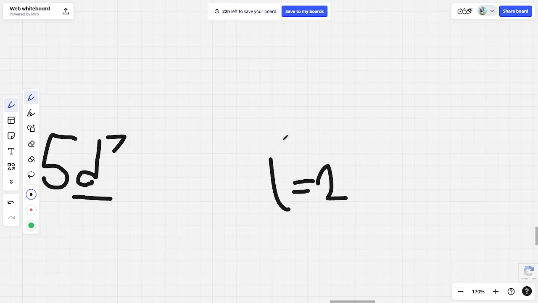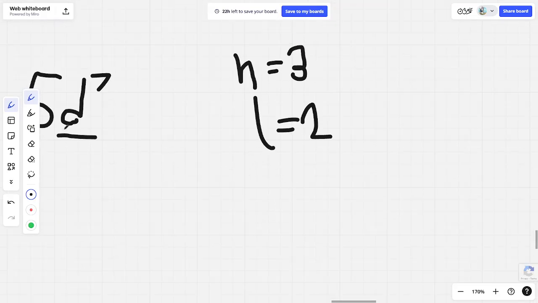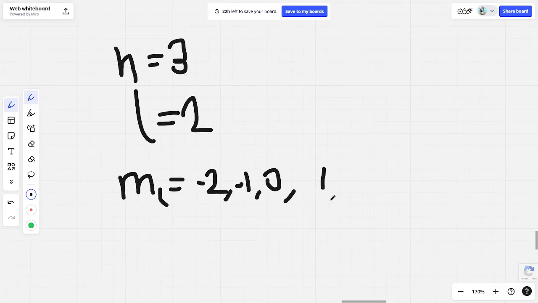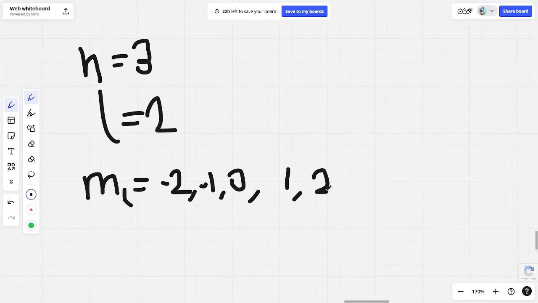And then plus 1, so n is equal to 3. ML is equal to -2, -1, 0, 1, 2.